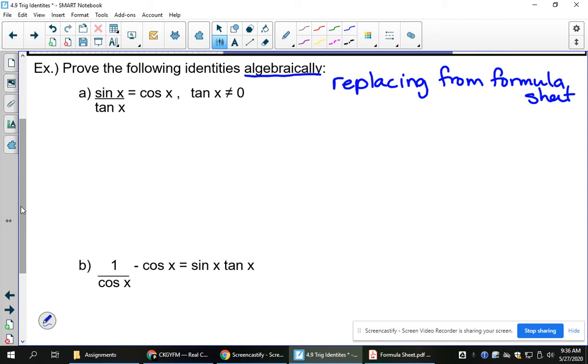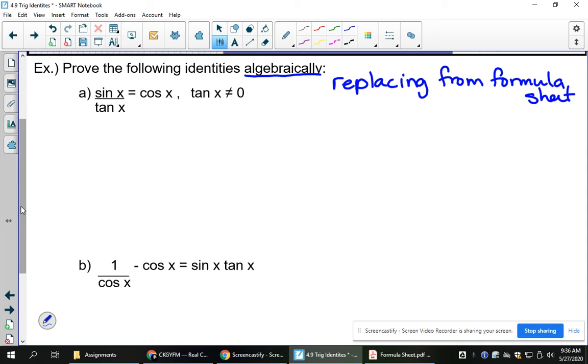Okay, if it's on the formula sheet, you can make the substitution. The first slide we talked about going to sines and cosines, usually being a good strategy for most proofs, not all, but most. And that's actually what we're going to do for this first one.